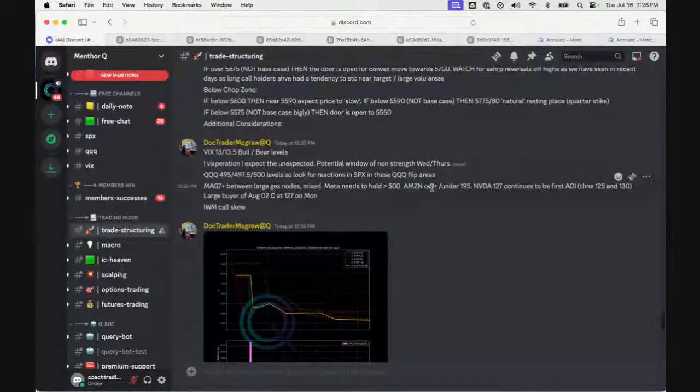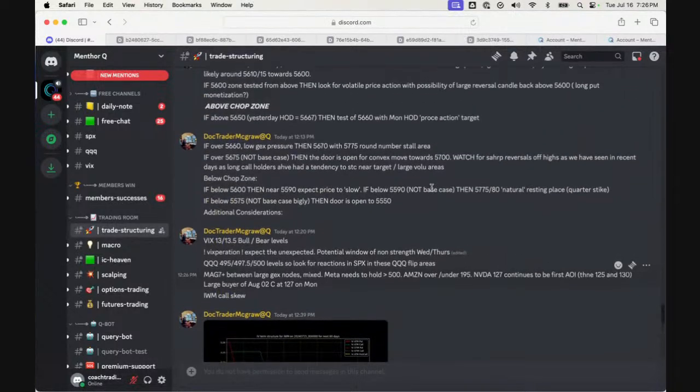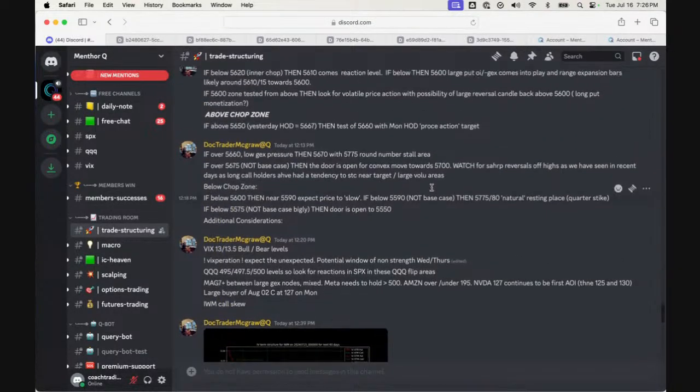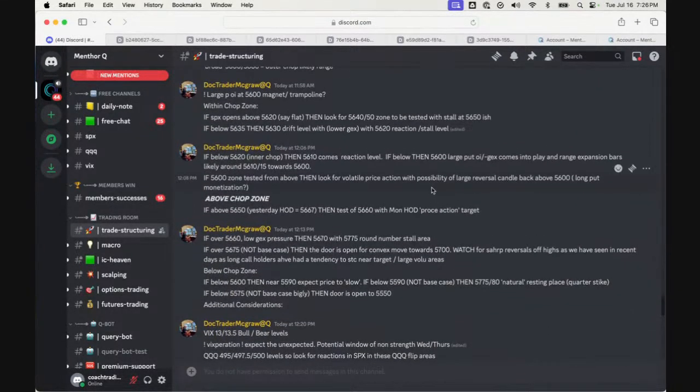We have 4,600 strike puts, large open interest, about 5,000. The assumption is that when we closed at 56.35, those were probably customer long. We don't know, but that was the assumption.